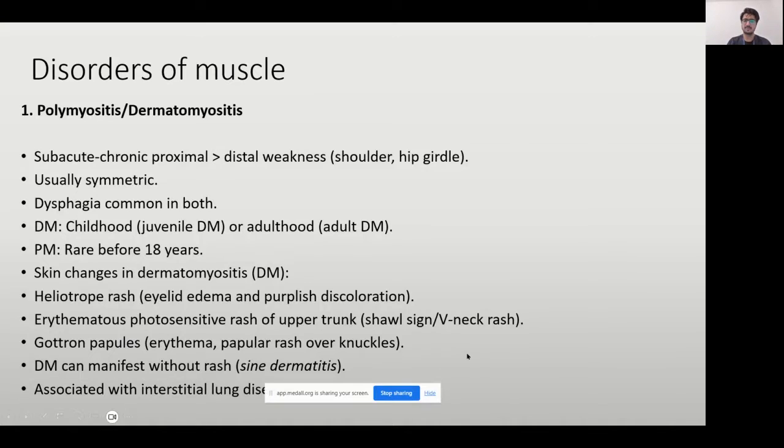Gottron papules, which are basically papular rashes over the knuckles, are very commonly seen. And of course, it is associated with malignancy, lung malignancy, and sometimes with interstitial lung diseases.